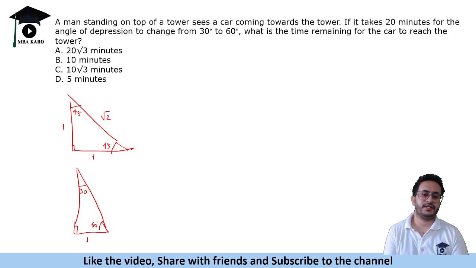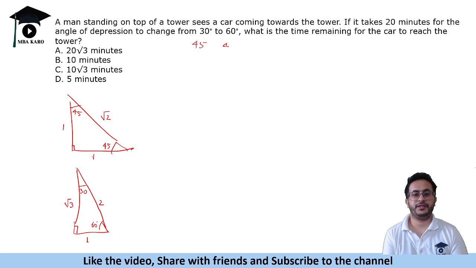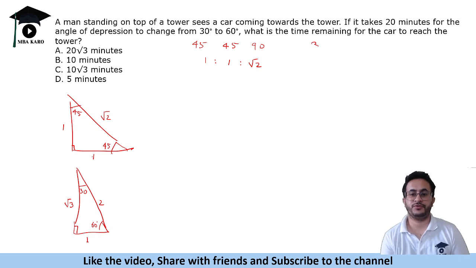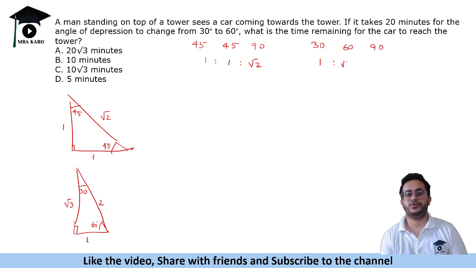In this the sides are 1, root 3, 2. So 45, 45, 90 gives 1 ratio 1 ratio root 2, which is the ratio of lengths of the sides opposite to them. And if we have 30, 60, 90, then you have 1 ratio root 3 ratio 2. So these are the ratios of sides of the triangle.